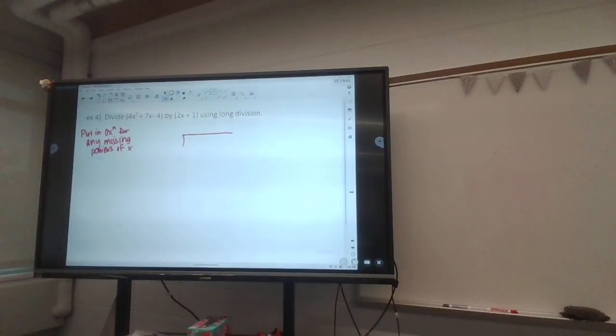And if you look at this problem, I have 4x to the third, but there's no x to the second, if I'm counting down. So there's something missing there, so I'm going to put in a 0x to the second. So it goes 3, 2, 1, 0. So I have like a place or a decimal place for that, even though it's not really there. And I think that just saves frustration.